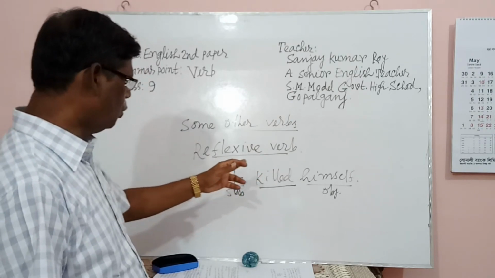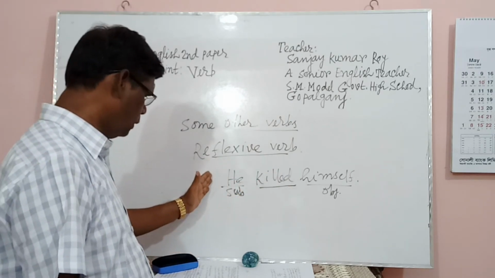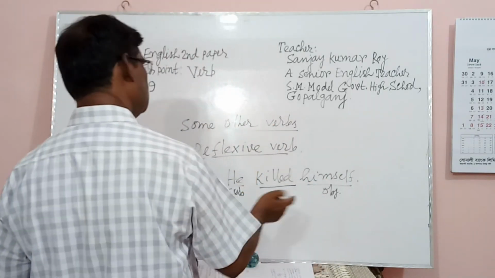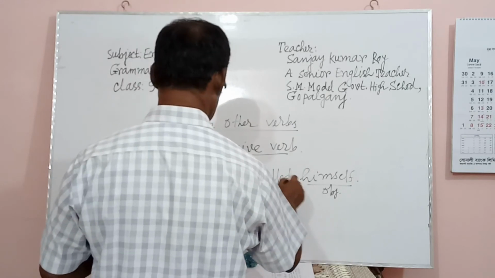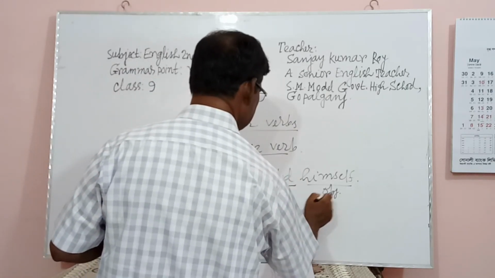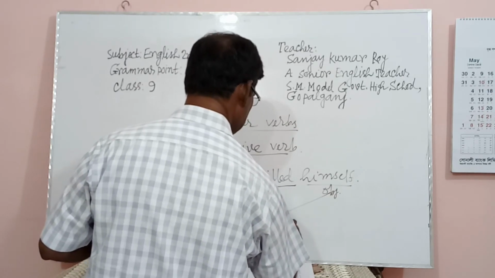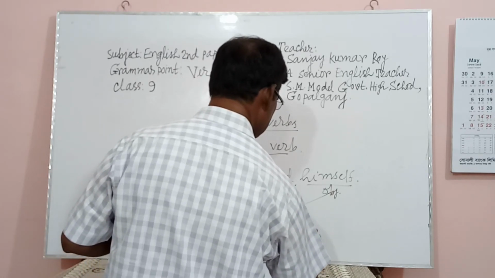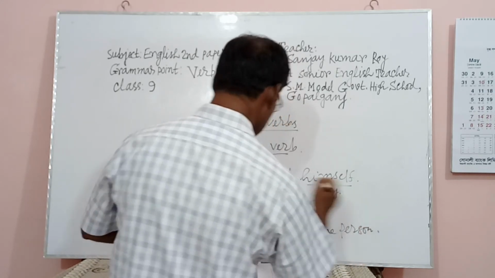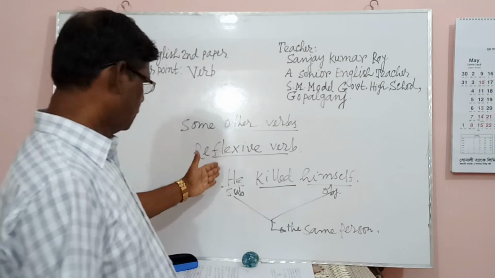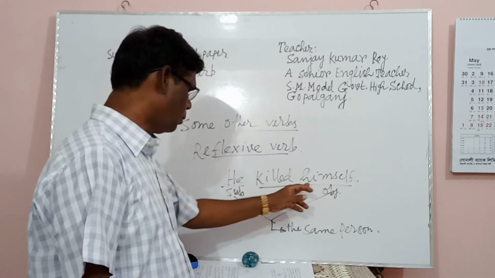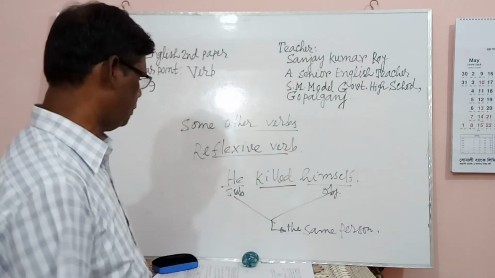The person who killed is he, and the person who was killed is the same person, himself. Thus, the subject of the verb and object of the verb are the same person.